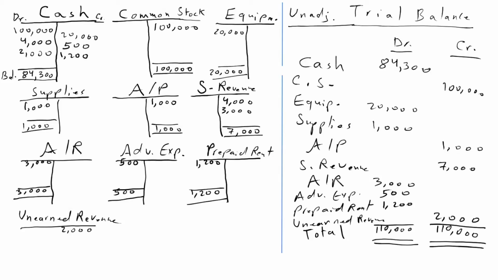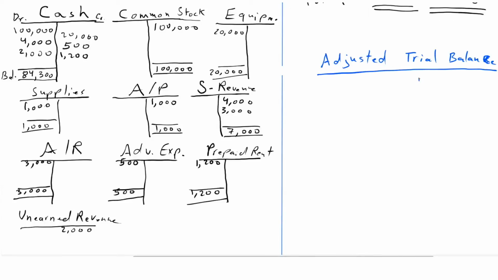So let's start one by one. Let's start with the ones that we already have. So we have cash, common stock, equipment. We've got the debit side, we've got the credit side, and then we've got cash, common stock, and equipment.